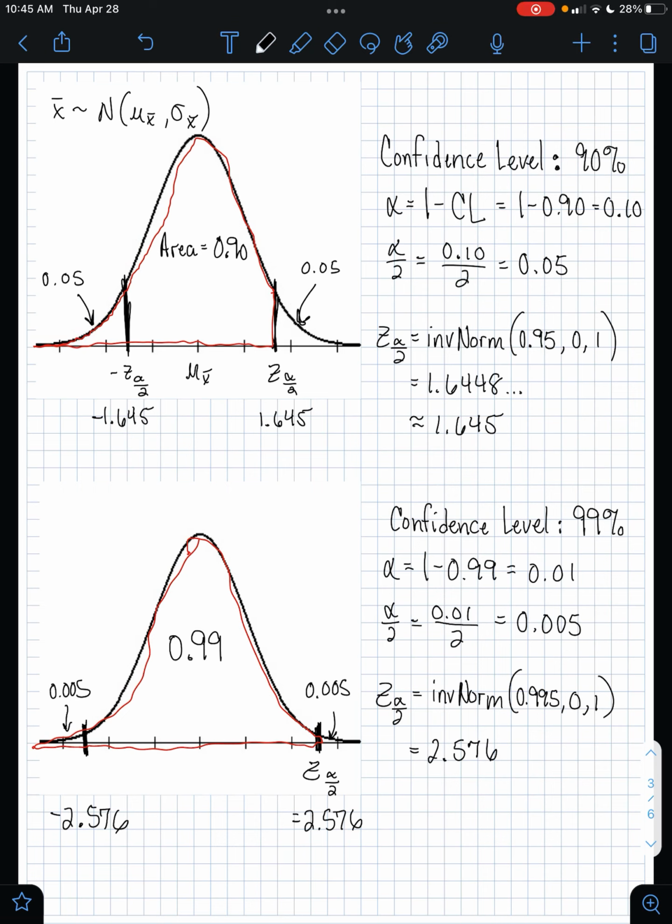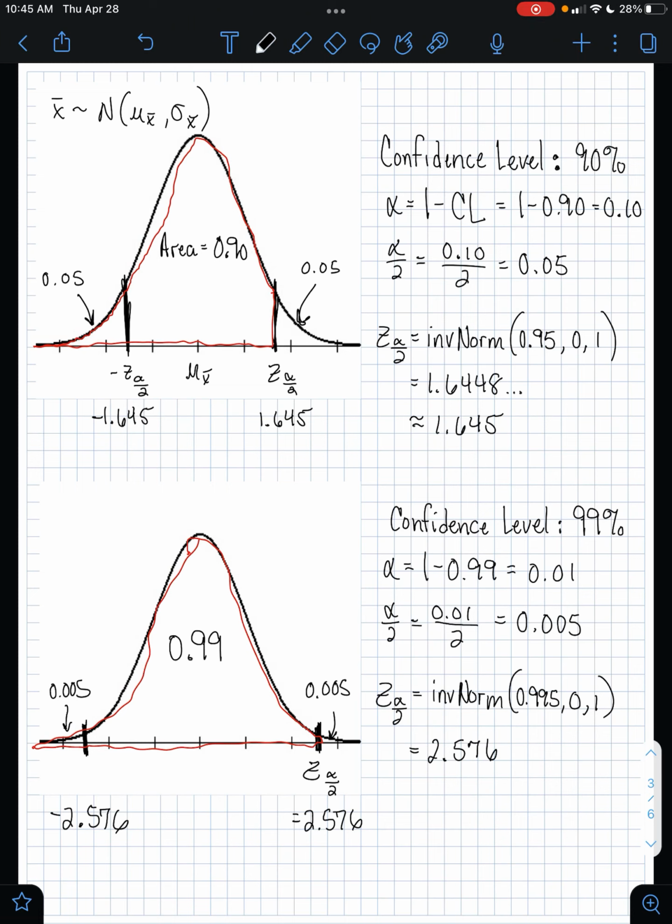So the idea is that we have a better chance of grabbing the value of the population mean if we use a net, because it covers a broader area. So the higher the confidence level, the broader the area is going to have to be. We're going to need a bigger net to be more confident of catching it.